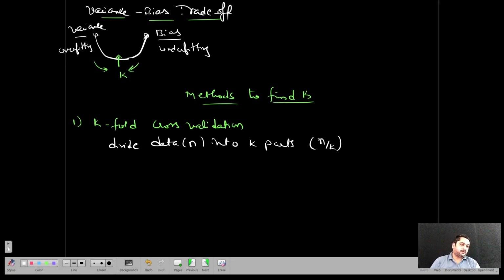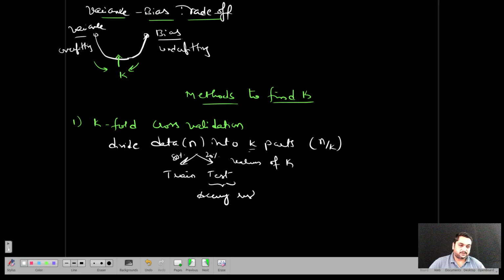Once you get this, you take these parts and use, for example, 70 or 80% to train and the remaining 20% to test. You perform this for different values of k. For each value of k, you get a test accuracy result, and then you take the average of it.